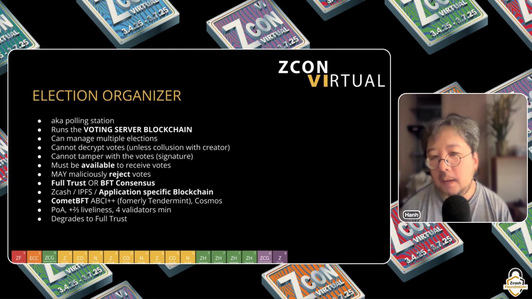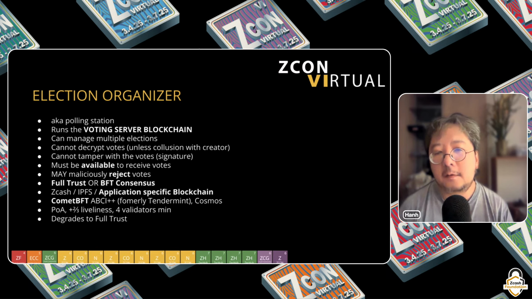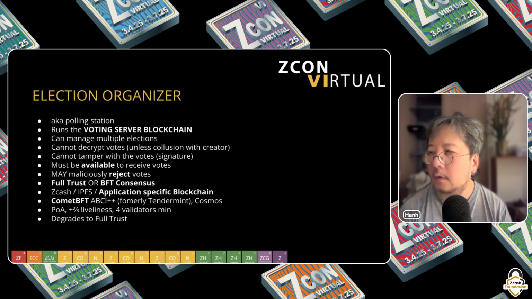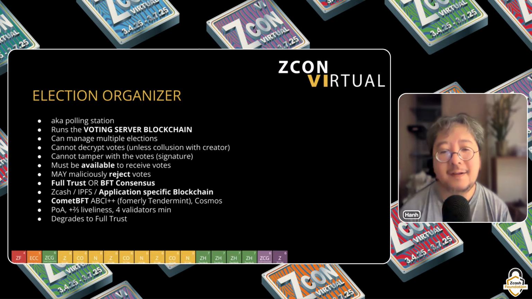We have implemented a special blockchain to run the election. So there's the first model, where you have a single voting server, which would mean that the electors trust that entity, the voting server, to run the election honestly.